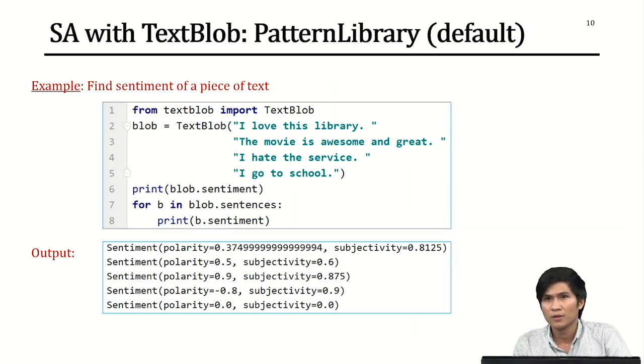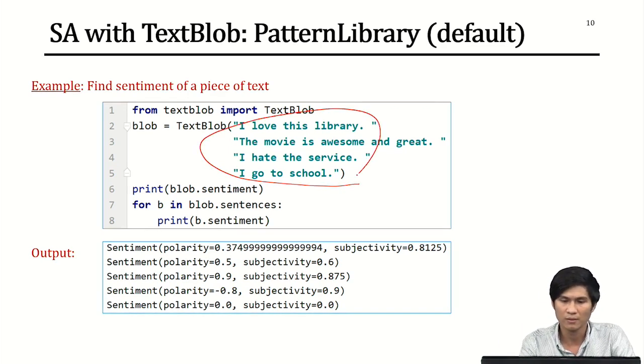And next, we can also find the sentiment of a piece of text. In the previous example, we found the sentiment analysis from a given sentence. In actual implementation, there can be many groups of sentences that we can pass to the TextBlob object. To do this, we can create a TextBlob object. Here we will use the default implementation, the pattern analyzer, and it consists of 4 sentences.